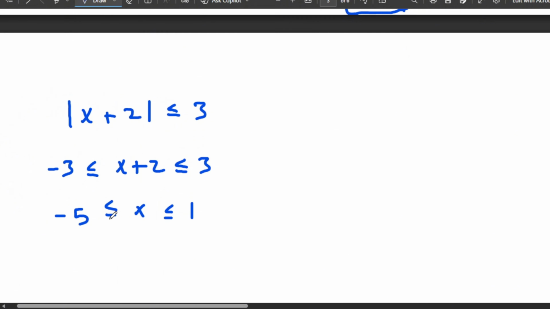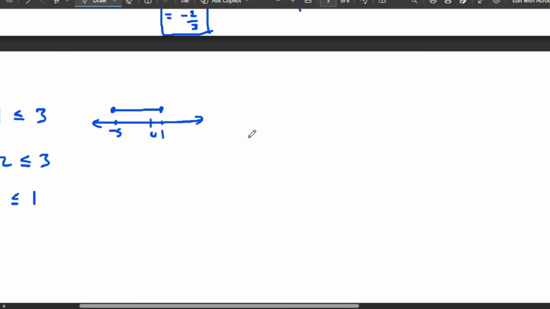The x value must be between these values for it to be less than or equal to 3. If you plot this in the number line, negative 5 is less than or equal to x, which is less than or equal to 1, with a closed circle and a closed circle.